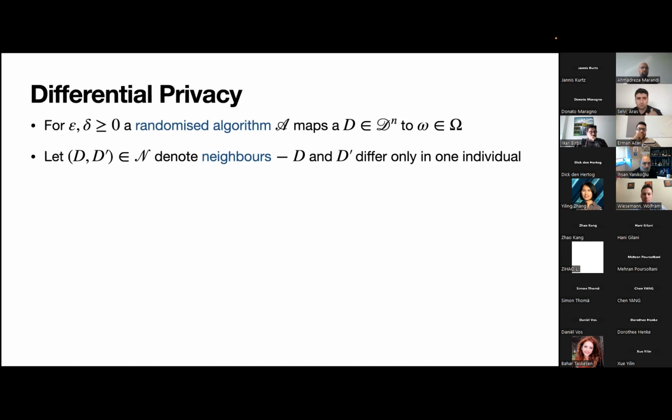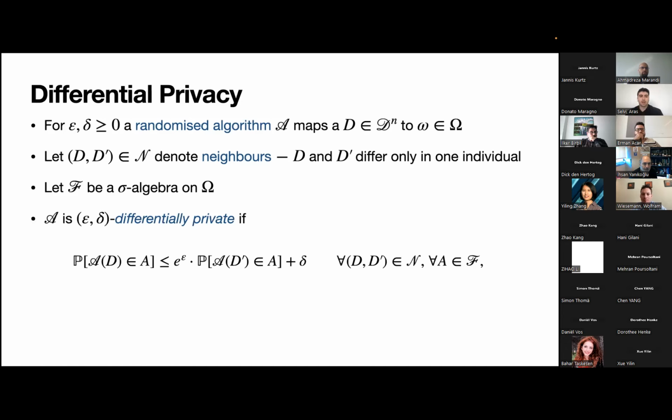We say two databases, D and D dash, are neighbors if they only differ in one individual. So you have a database, you change one person. For example, instead of Wolfram, you add Ahmet Reza, and this is a neighboring database. And we also denote by this curly F the sigma algebra on omega. Okay, so the algorithm A is epsilon-delta differentially private if we have the following inequality, which I will now discuss in more detail.